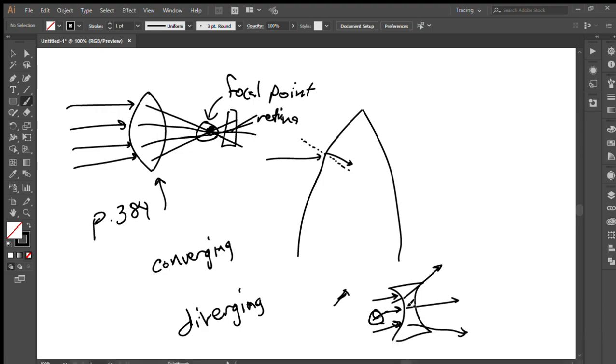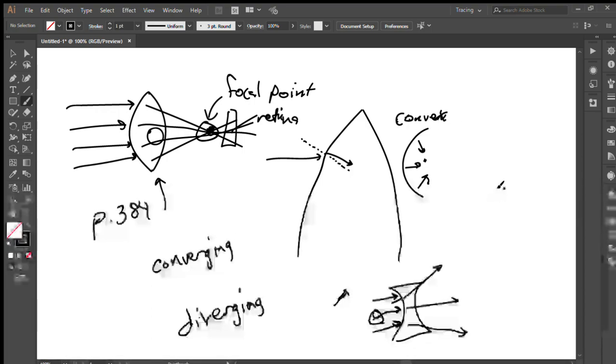They're called converging lens. This is called convex. If you look at the center, anything that bends towards the center is called convex.